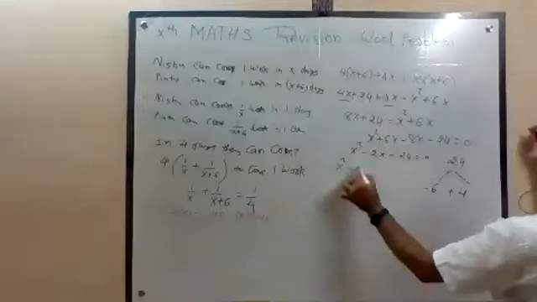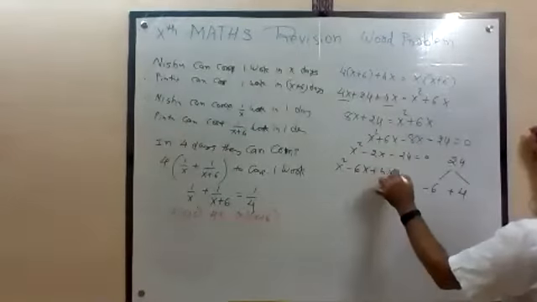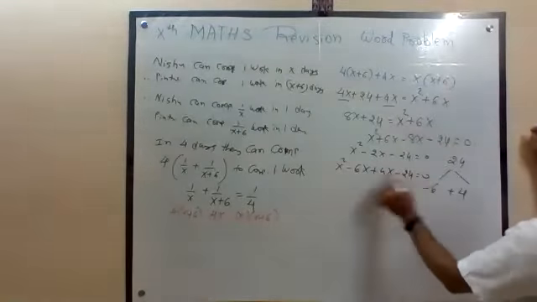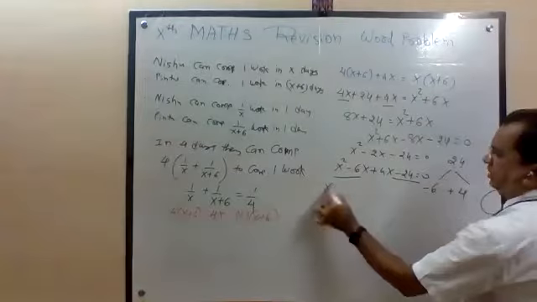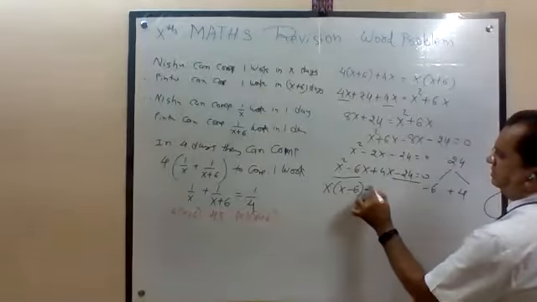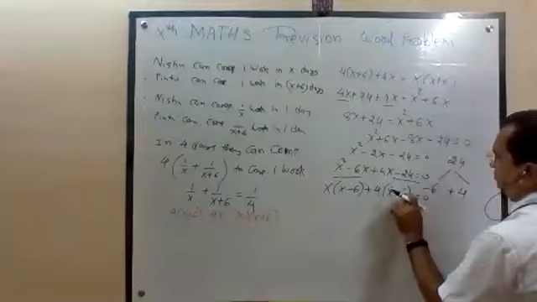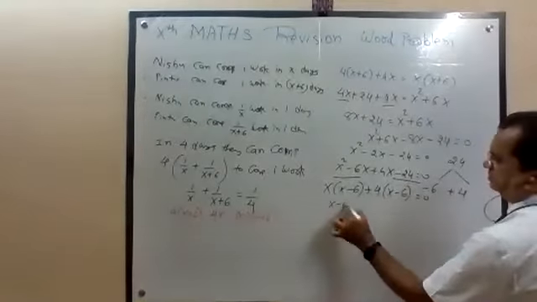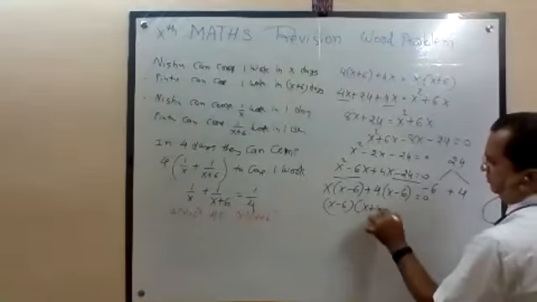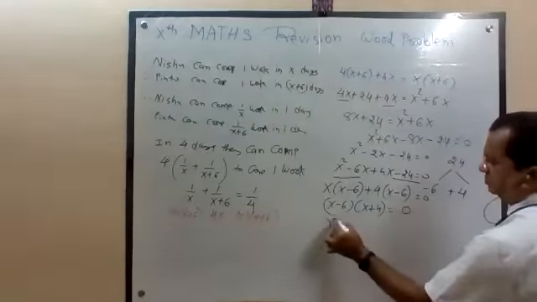So it is x square minus 6x plus 4x minus 24 is equal to 0. So x into x minus 6 plus 4 into x minus 6 is equal to 0. So x minus 6, x plus 4 is equal to 0.